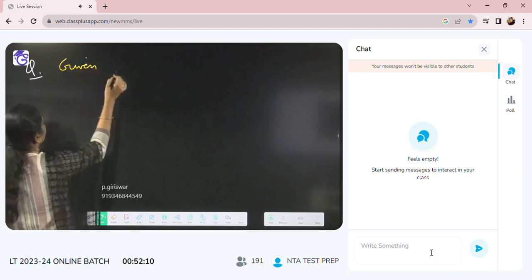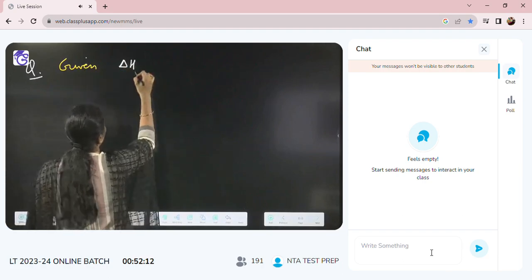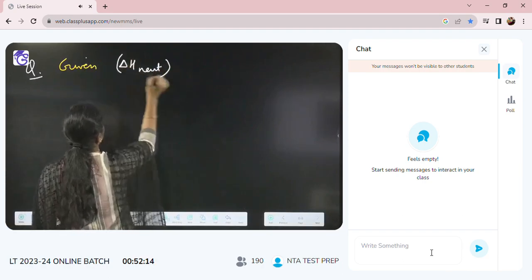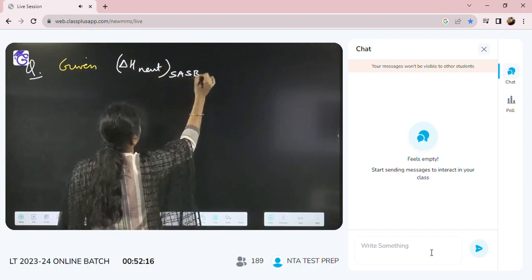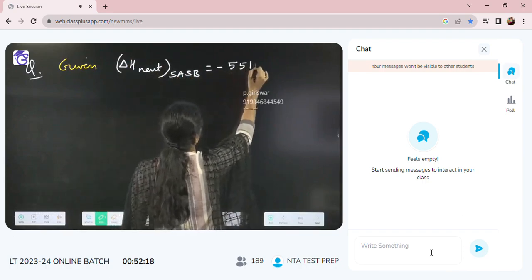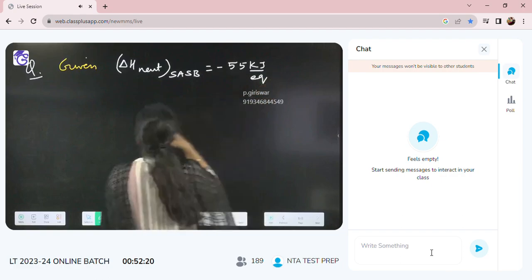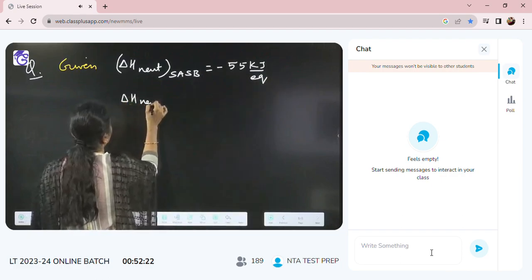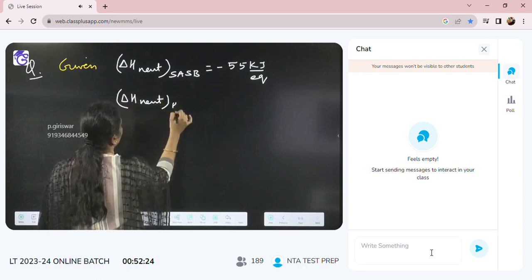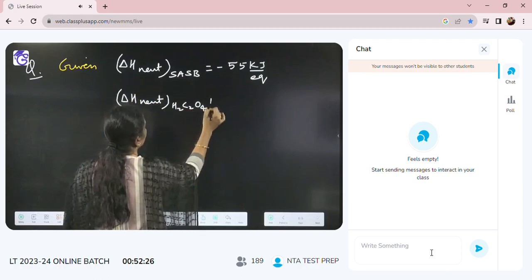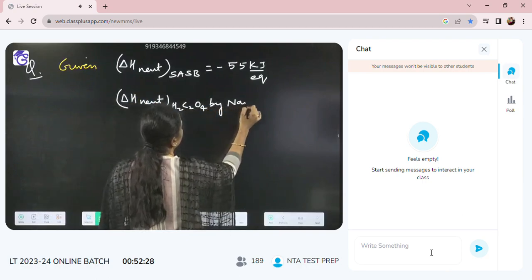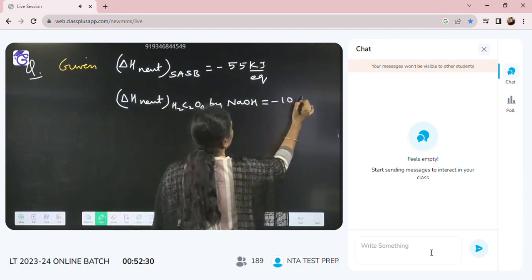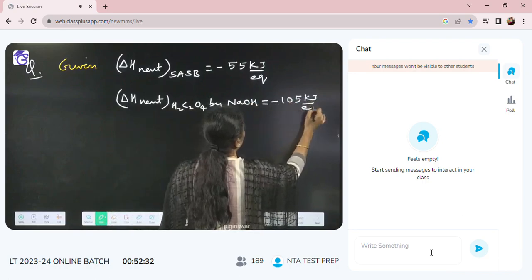Given delta H neutralization for a strong acid, strong base is minus 55 kilojoule per equivalent, and delta H neutralization of H2C2O4 by NaOH is minus 105 kilojoule per equivalent.